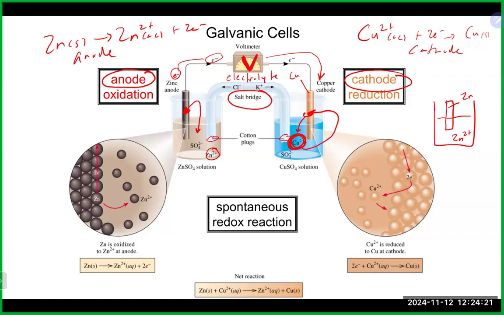So you might be asking, why would the galvanic cell perhaps stop if you didn't have the salt bridge? So for example, in this case, I'll draw it here.